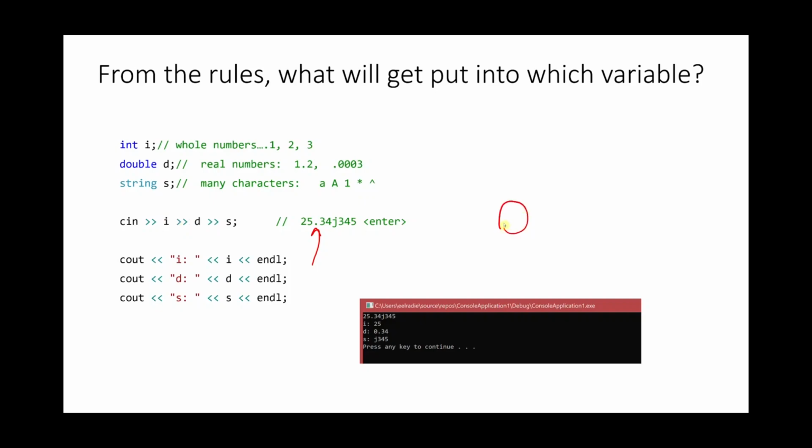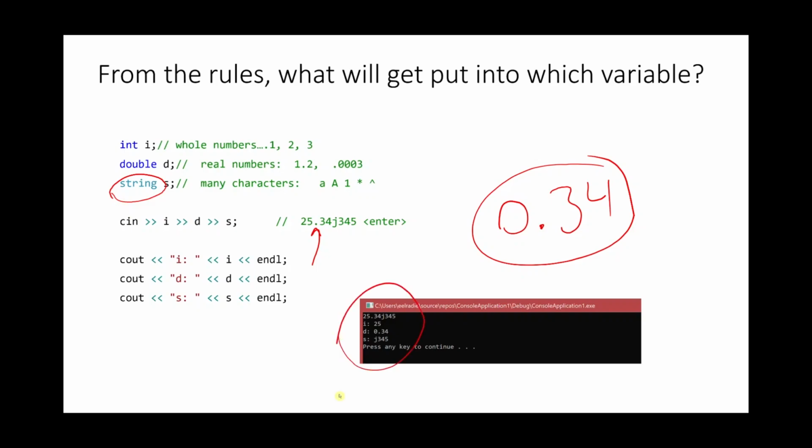Now we have 0, then the dot, 3, 4. Then we have J. The J is again acting as first an interrupting signal, interrupting the input of the double, of the 0.34. And then it's going to corrupt the next input because it's expecting an integer, double, sorry. But wait a second. What is the next input? The next input is a string, so I can't put anything in there. This is why it's being like this.